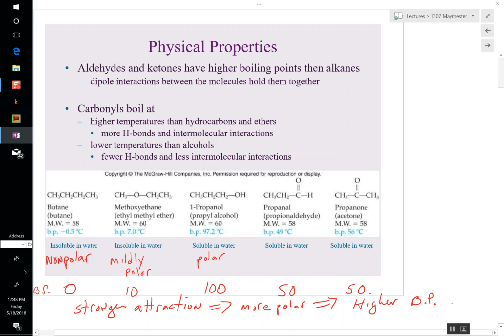All right, the more polar the molecules are, the higher the boiling points.